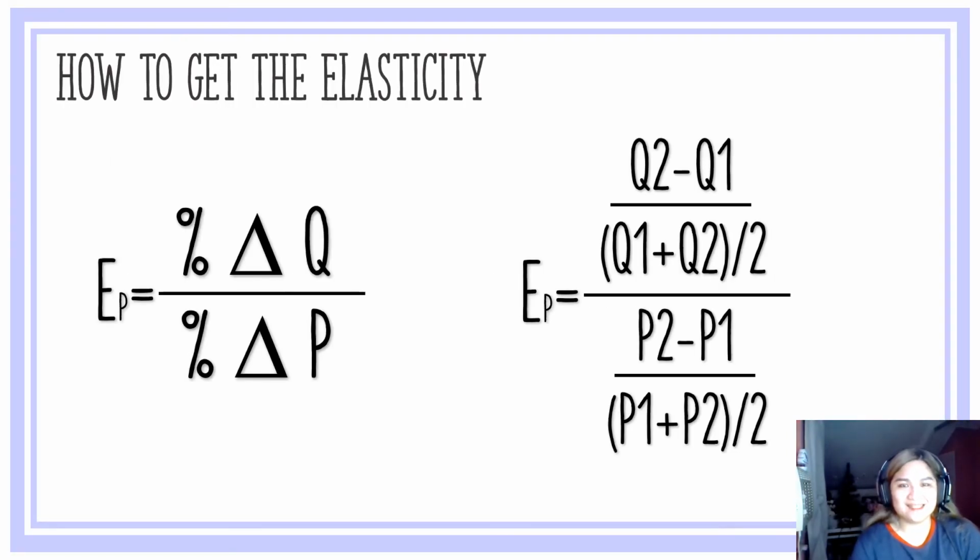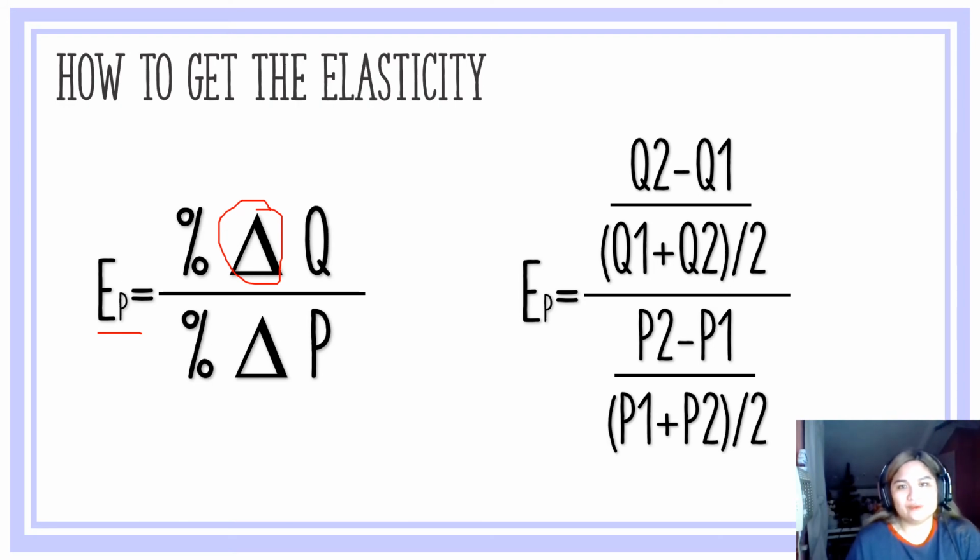So this is how to get the elasticity. We have here the formula: price elasticity equals percentage delta Q over percentage delta P. When you see the triangle symbol, this is called delta, which refers to change. So this is the percentage change in quantity over the percentage change in price.